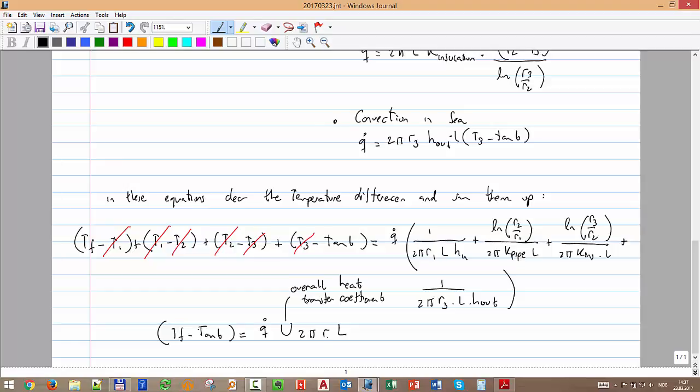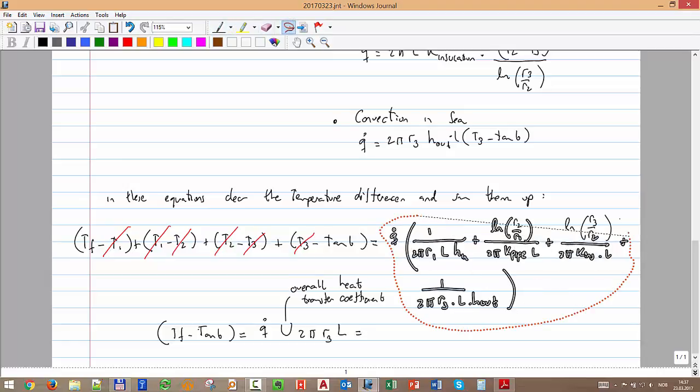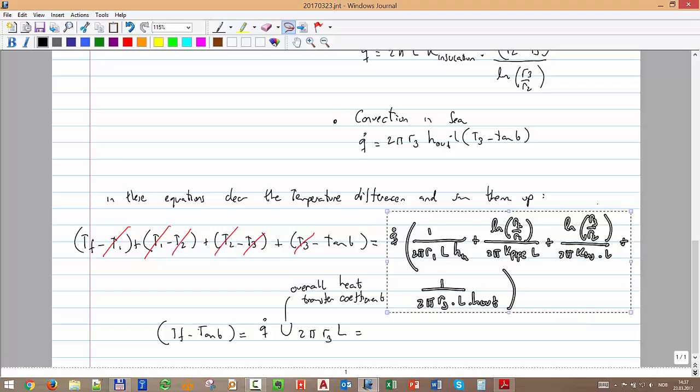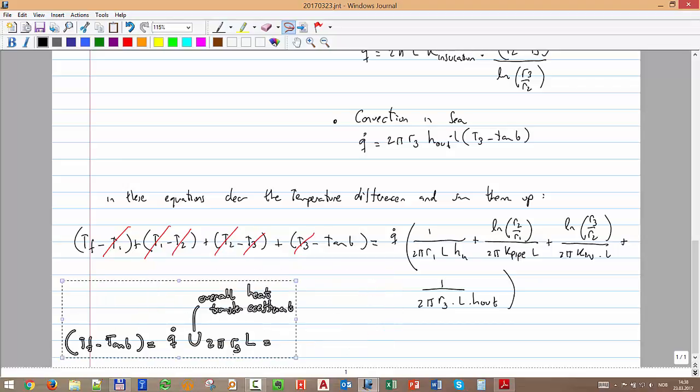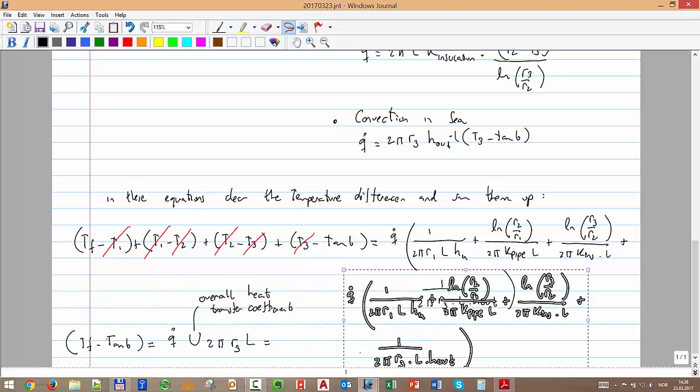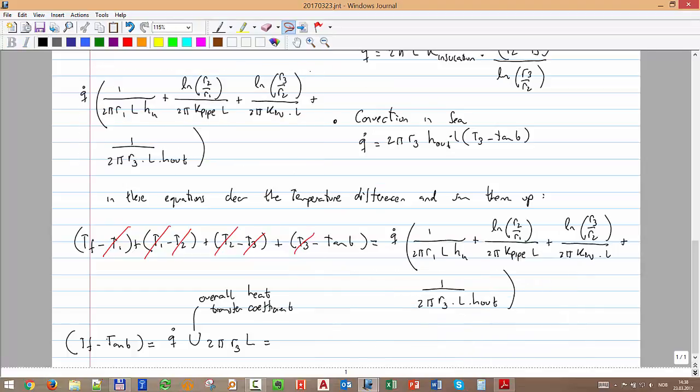So in this case I use R3 L. And I can clear, if I make that expression equal to that. Let me just move it to the left.